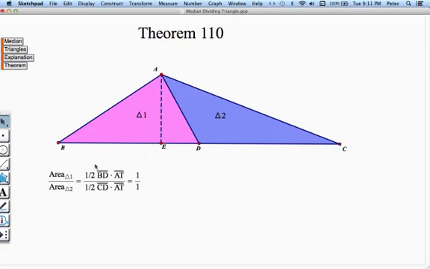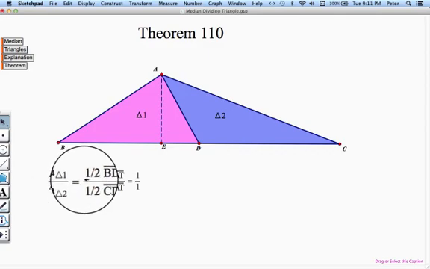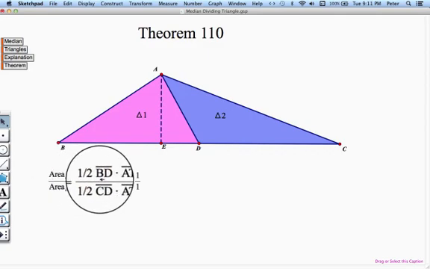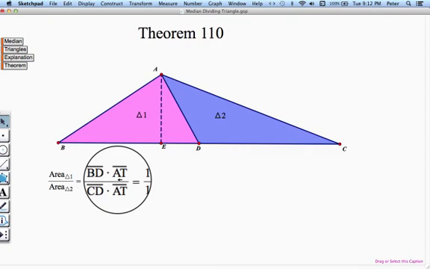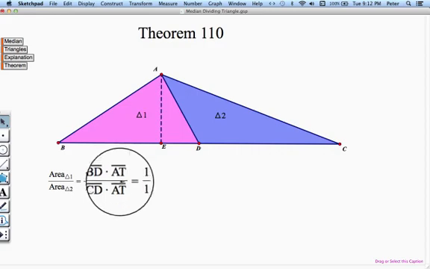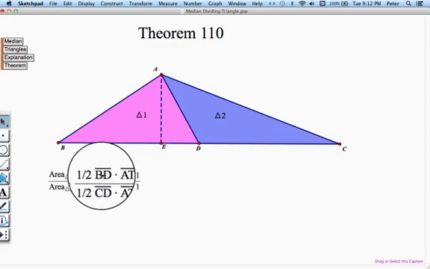So if I were to calculate the areas, area 1 to area 2 would equal 1/2 the bases, which is BD for triangle 1 and CD for triangle 2, times the shared height AT. Now, this is a lot like case 2. They share a height, so we should compare their bases.